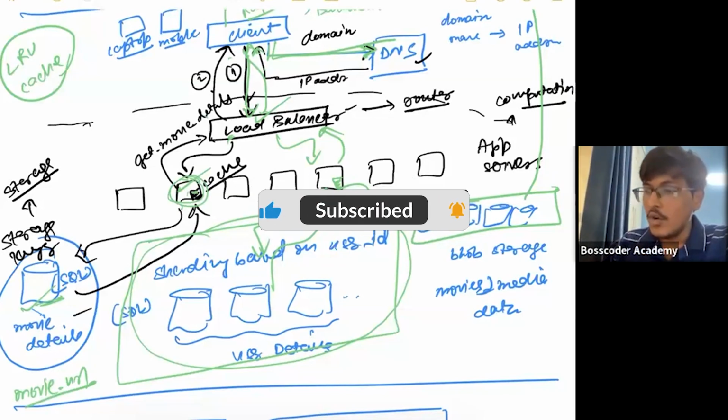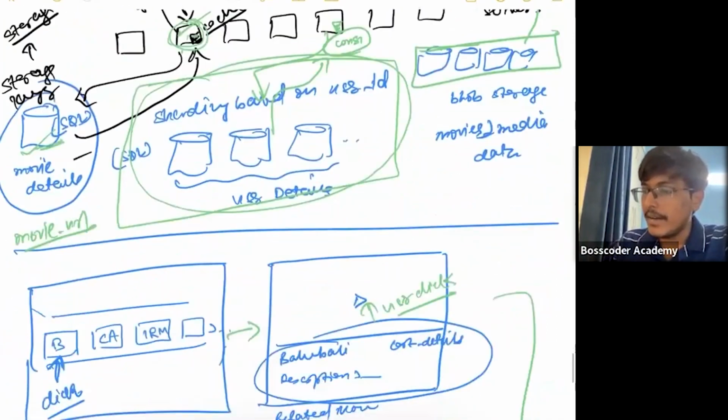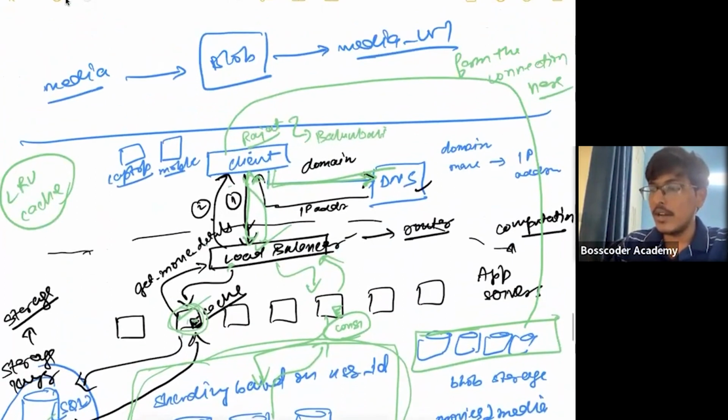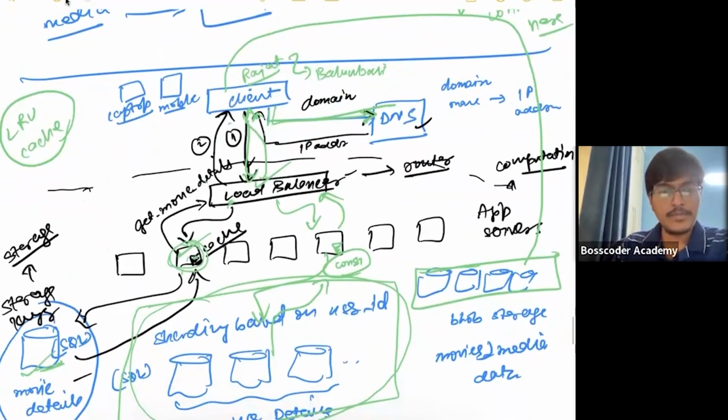Okay. So now, if you remember, we are connecting directly from the client to the blob storage for streaming of video. Is this making sense? Is everyone clear? A quick yes if this is clear, that finally for streaming of videos we have to go to the blob storage. Right?